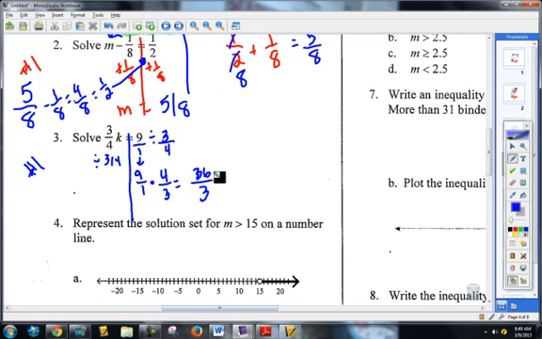But then we need to simplify. I know that 3 has a factor of 3, and I know that 36 has a factor of 3. So I'm going to divide top and bottom by 3. I get 12/1, or obviously just 12. So I learned that K equals 12. I must see this work. You must have showed me the algorithm and all that. If you left it as 36/3, it's wrong.